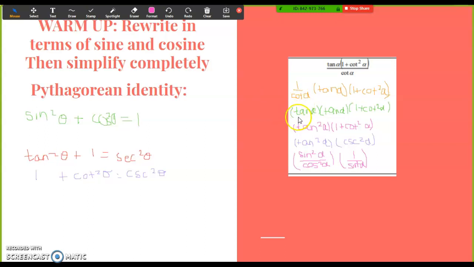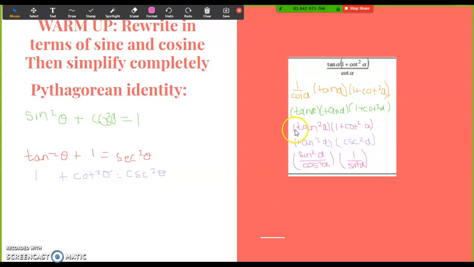Remember, 1 over cotangent of A is just a reciprocal. So I rewrote that as tangent of A. So then I had tangent of A times tangent of A times 1 plus cotangent squared A.